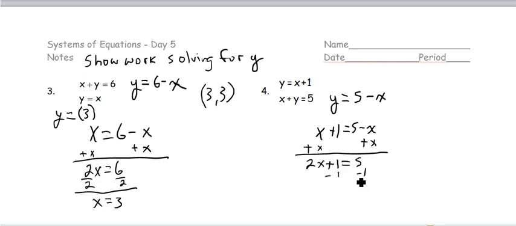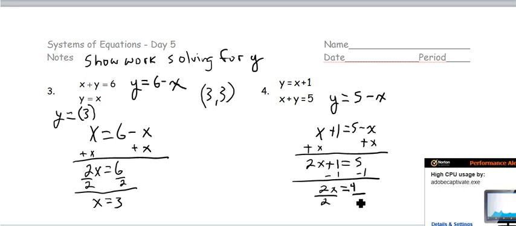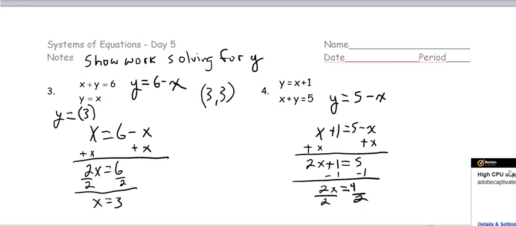I'm going to subtract 1 from both sides, because at plus 1, the opposite is minus 1. 2x equals 4. Divide by the coefficient of x. I get x equals 2.